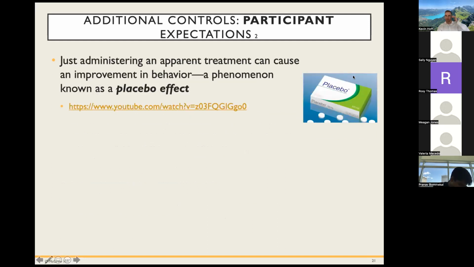Another really important form of participant expectations influencing results in a way that we don't want is what's called the placebo effect. The placebo effect is a general term for situations in which the expectation that you'll get better actually makes you get better, and the treatment itself doesn't really do anything.